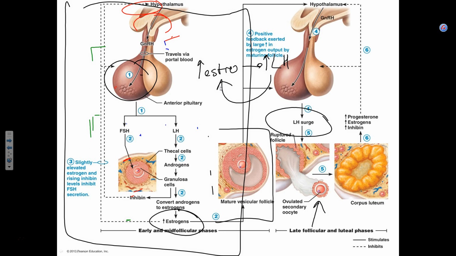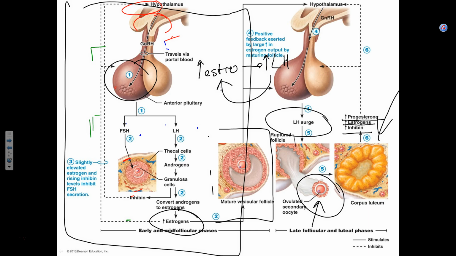Okay? Now, luteinizing hormone surges. Secondary oocyte is released during ovulation, and it leaves behind the corpus luteum. Good? That's seen here. Corpus luteum produces three main hormones: inhibin, estrogen, progesterone.